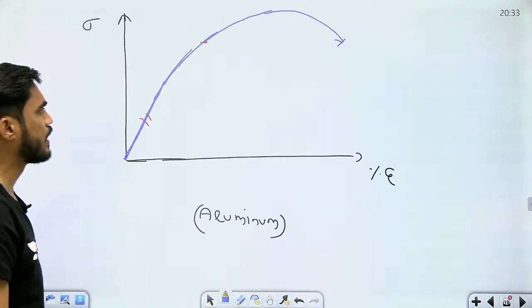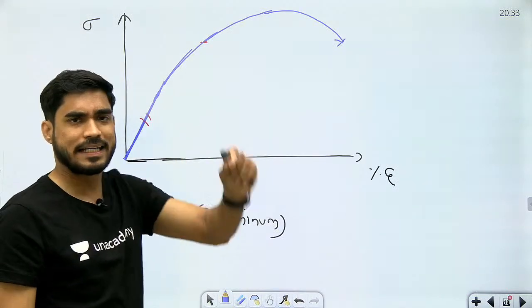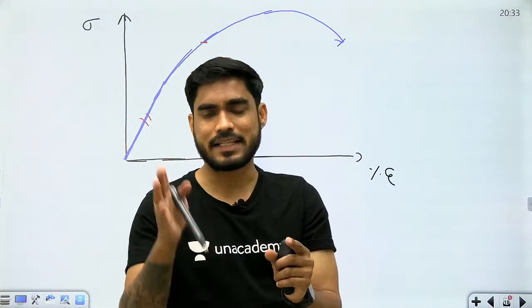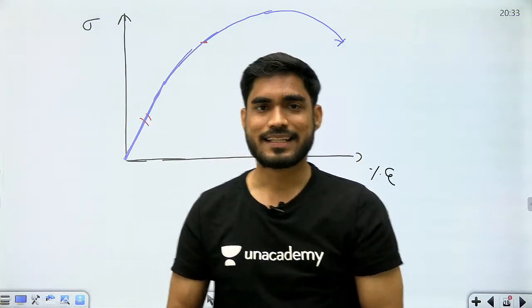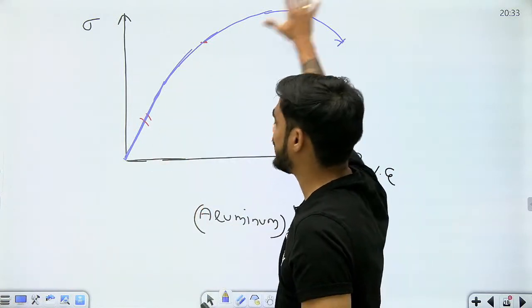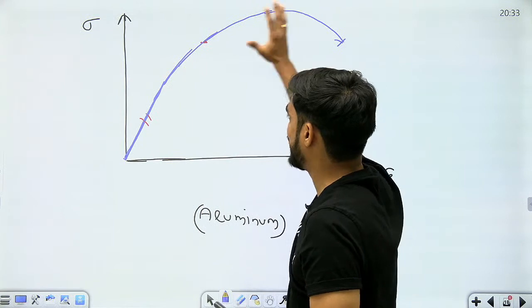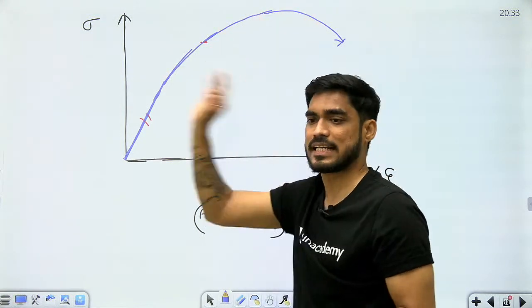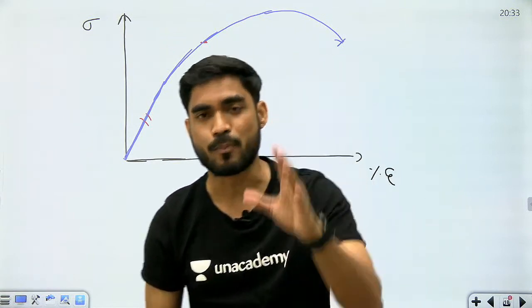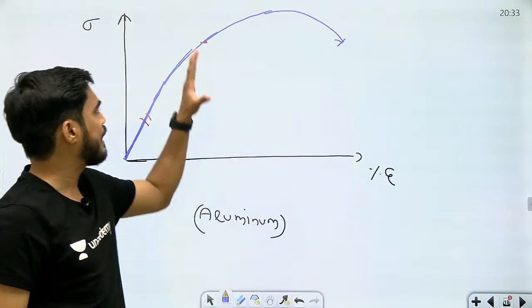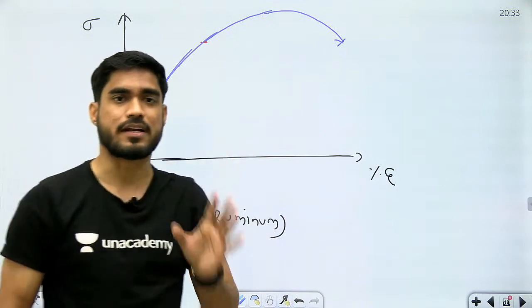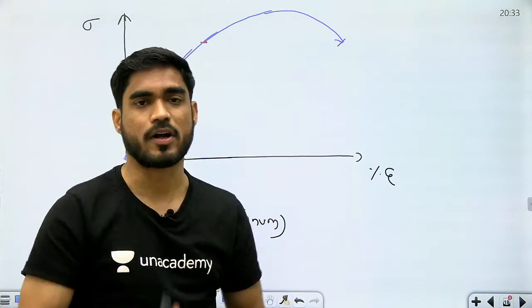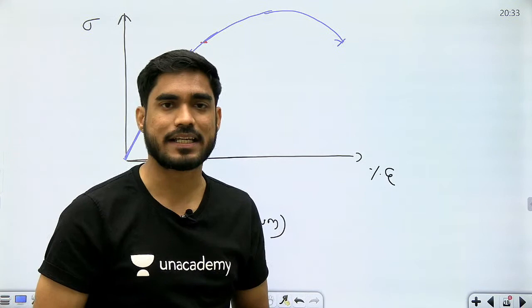But in case of aluminum, there is no particular point at which the material became elastic to plastic. There was a sudden change from elastic to plastic. So we cannot pinpoint exactly where the yield point is. Here the definition of yield point is a little different. Let's say you want to find the yield point.